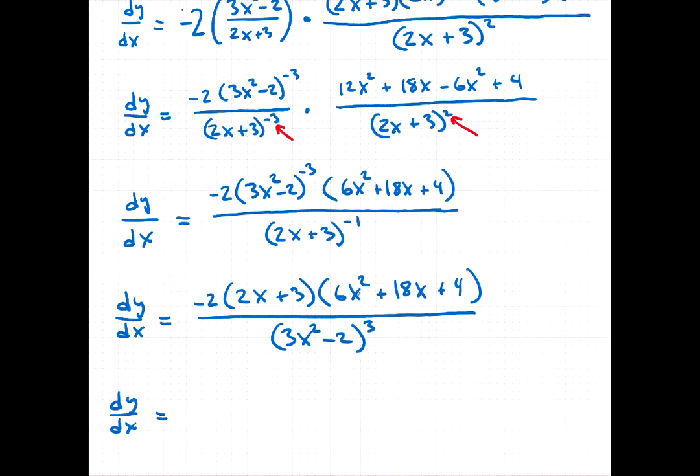We could factor out a 2 here, since each of these three terms are even numbers. So if we factor out a 2, that will become a negative 4, 2x plus 3 times 3x squared plus 9x plus 2.